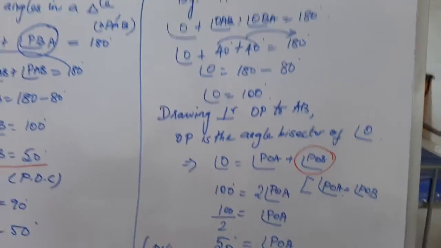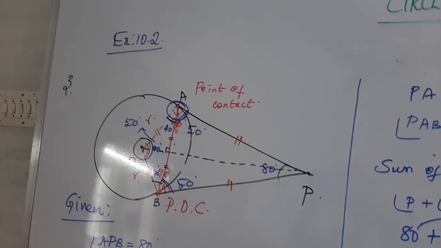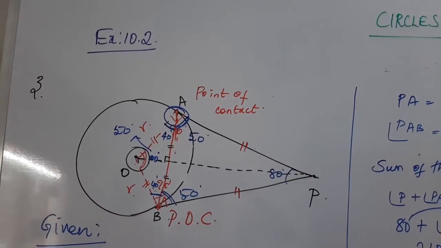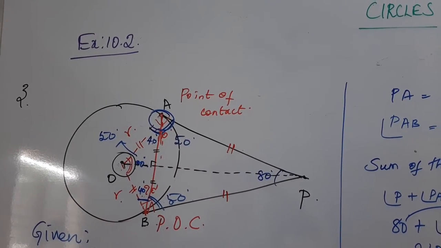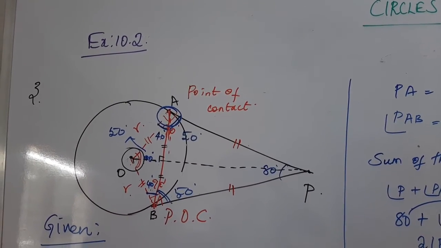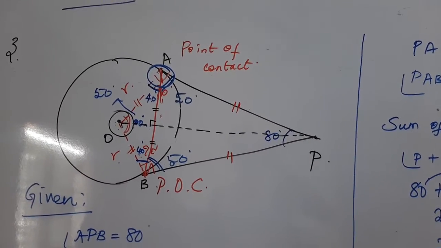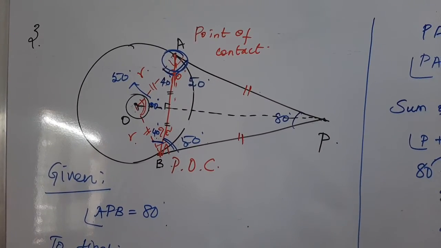I repeat the sum. What did we do here? What was given in the question? From a common external point outside the circle, say P, we have drawn two tangents to the circle, PA and PB. By theorem 10.2, the lengths of the tangents drawn from an external point are equal, therefore PA and PB are equal.